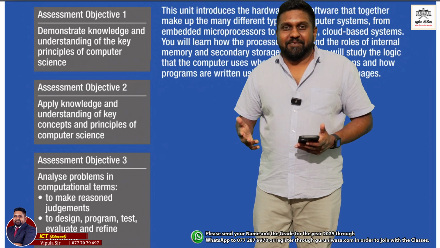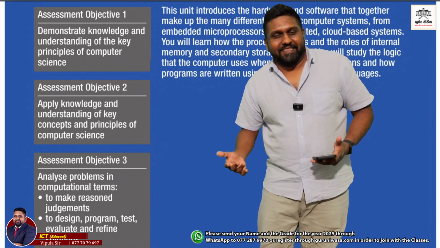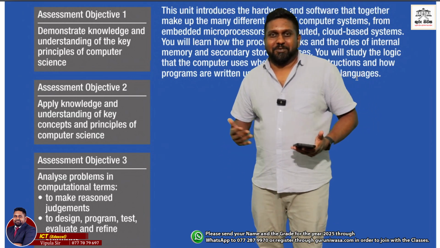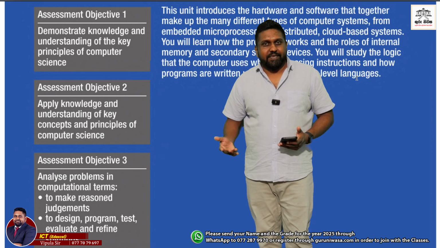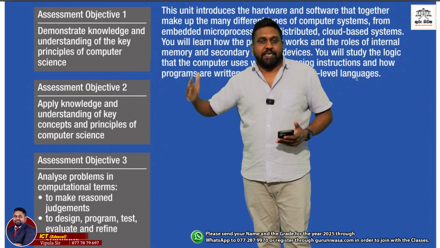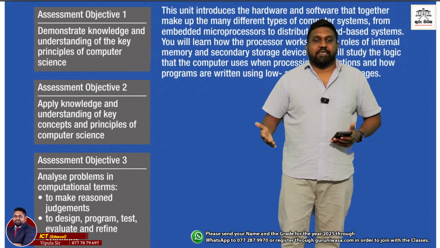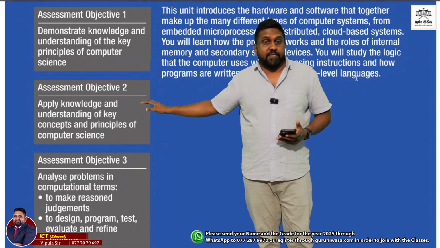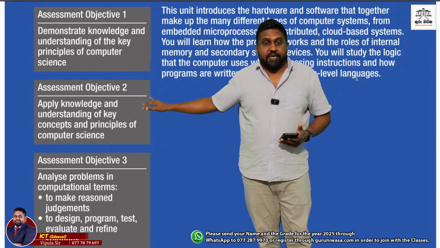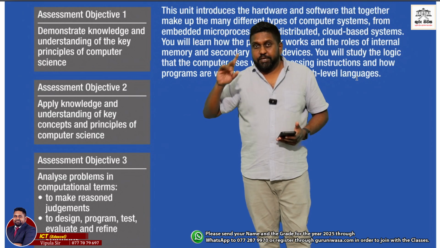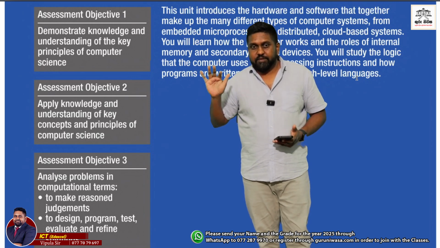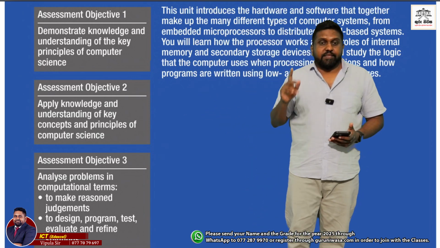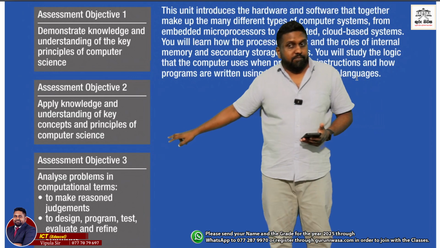You should understand what computer science is, why we need it, and the key principles of what it is. Objective 2: apply knowledge and understanding of key concepts and principles of computer science. So the first is demonstration, the second is applying, and the third is analyzing problems.